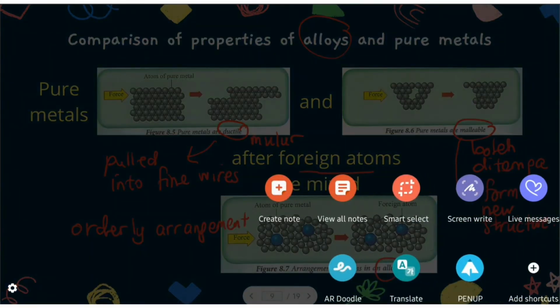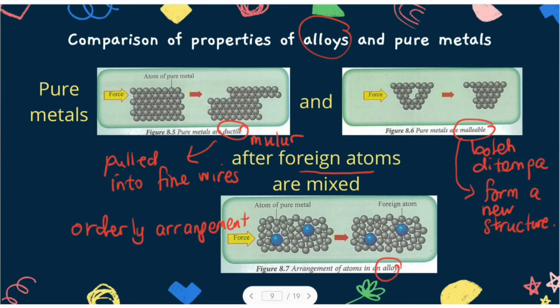Orderly arrangement of atoms in pure metal is disrupted, telah diganggu. So this makes it difficult for the layers of atom in an alloy to slide over each other when force is applied.